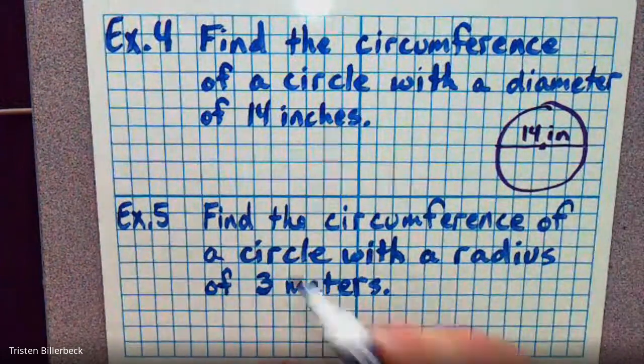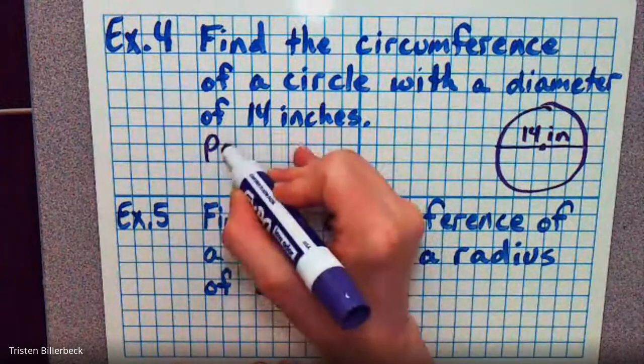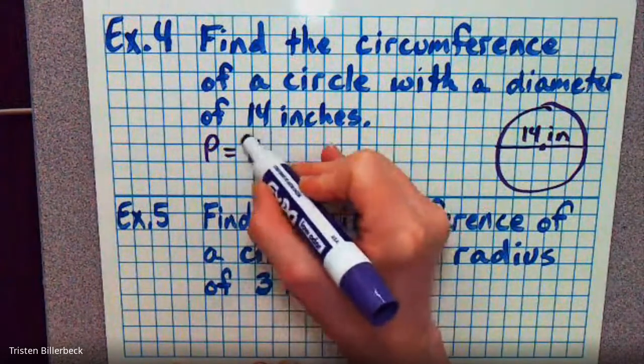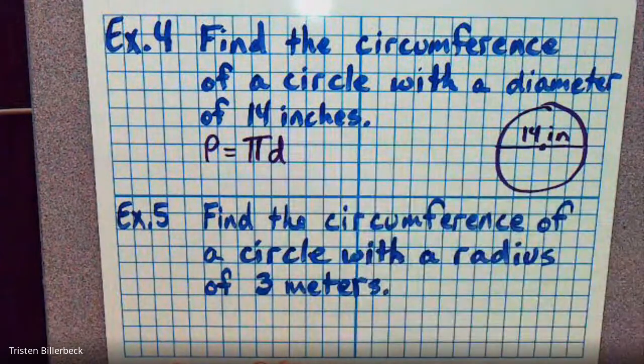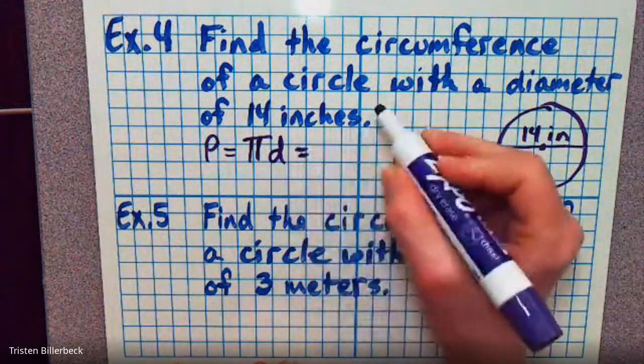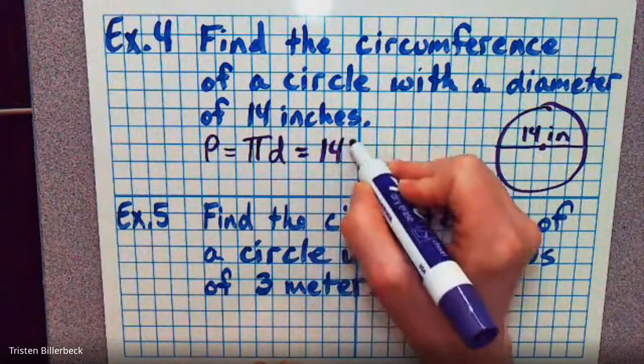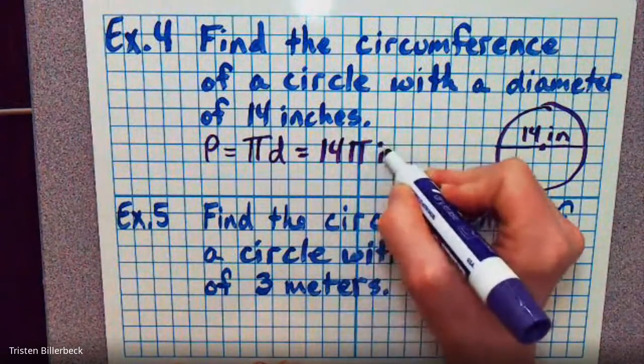Okay, well, perimeter of a circle happens to be pi times the diameter. And they gave us the diameter. So that's easy. It's just 14 pi inches.